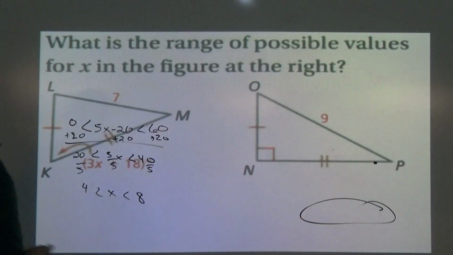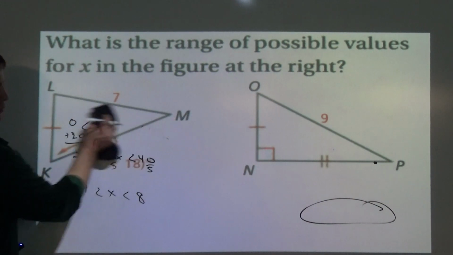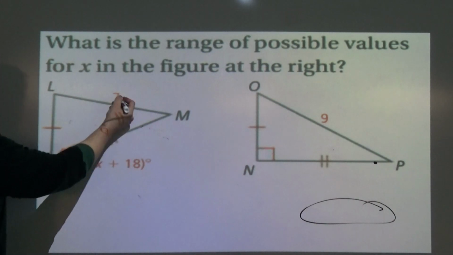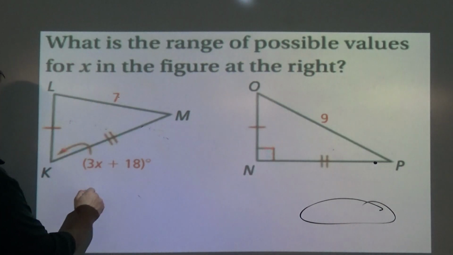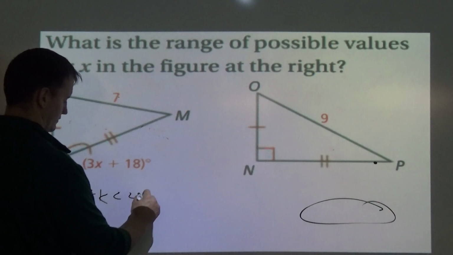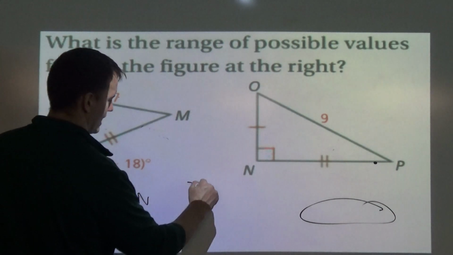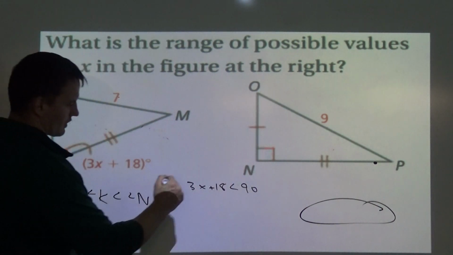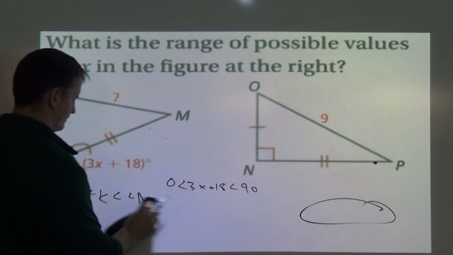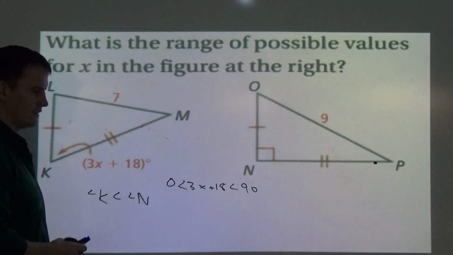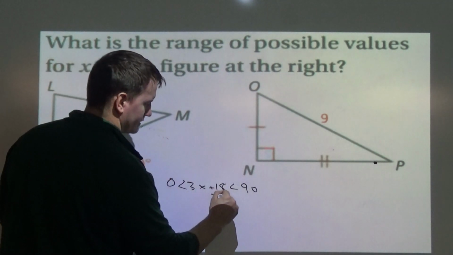Let's keep moving. What is the range of possible values for x? You guys should be trying to do this one on your own. You just got to pause it. This is 7, 9. We know that angle K is less than angle N. I also know that 3x plus 18 is less than 90, but greater than 0. Solve away. We're going to subtract the 18 from all three sides.